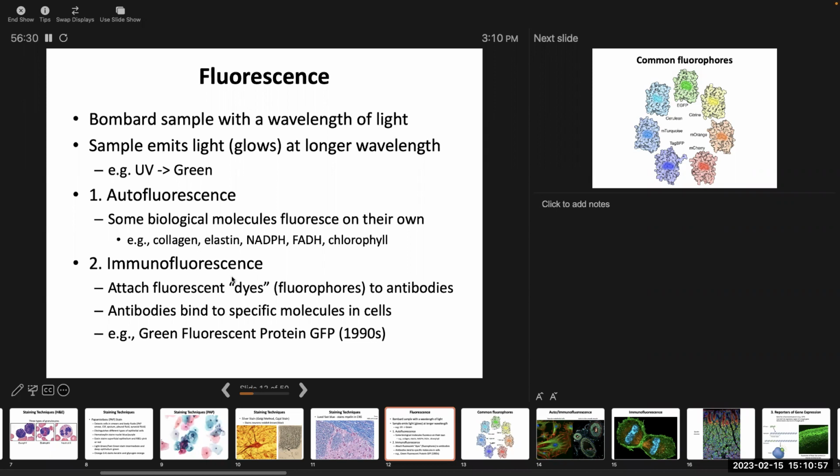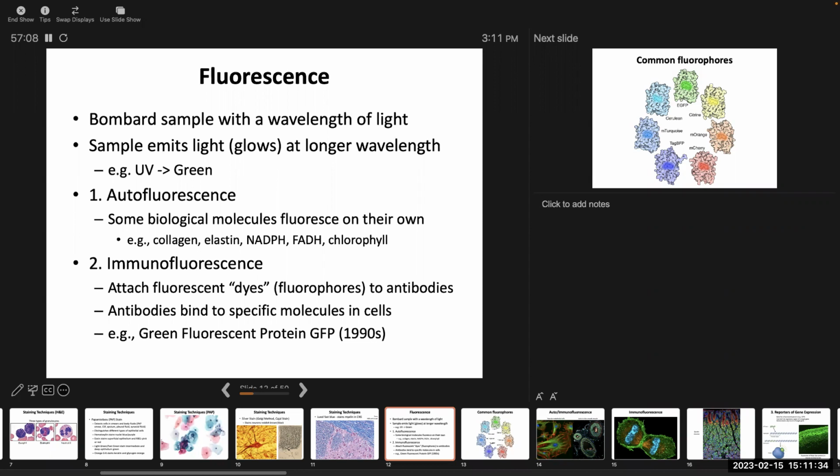So as I said, you have these different molecules that are present in the cells in your tissues that will fluoresce all by themselves. But then there's another type of fluorescence. This is one that's really become extremely important in the last 20 years or so, what's called immunofluorescence. With immunofluorescence, the idea is to attach a fluorescent molecule to some target structure in a cell or in a tissue or in some kind of biological sample.